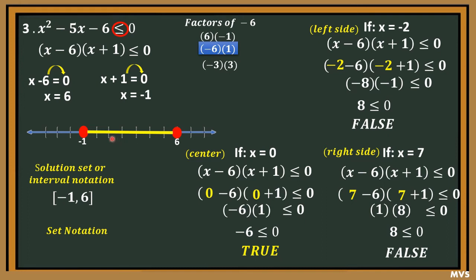You have noticed here that x is greater than -1 but less than +6. So let us write that in the set notation. Always use brace. x such that x is greater than -1 but less than +6.